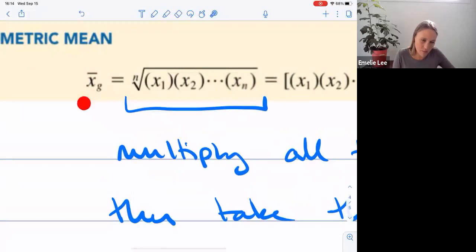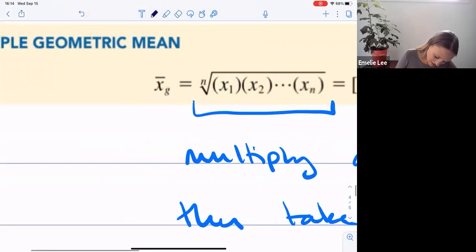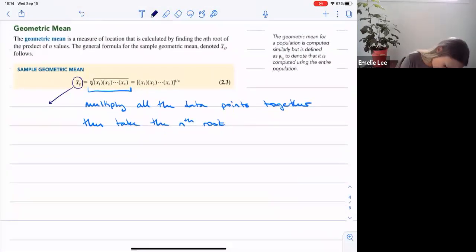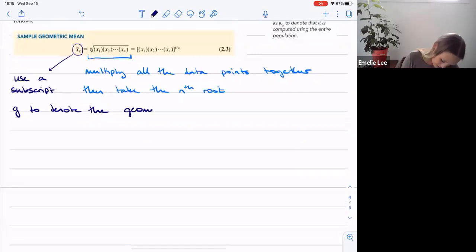Notice that we use the same notation here. We use X bar, but then to show that it's the geometric mean, we use a little subscript G to denote the geometric mean.